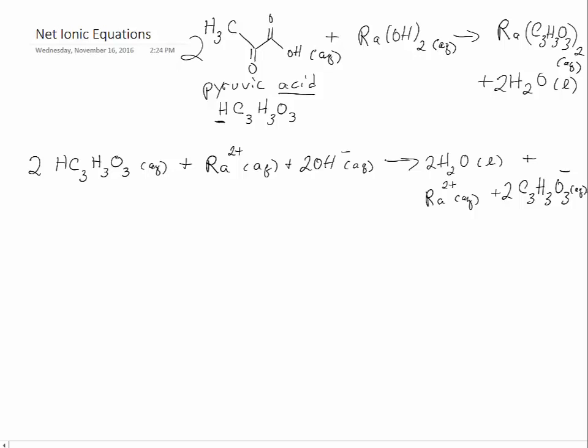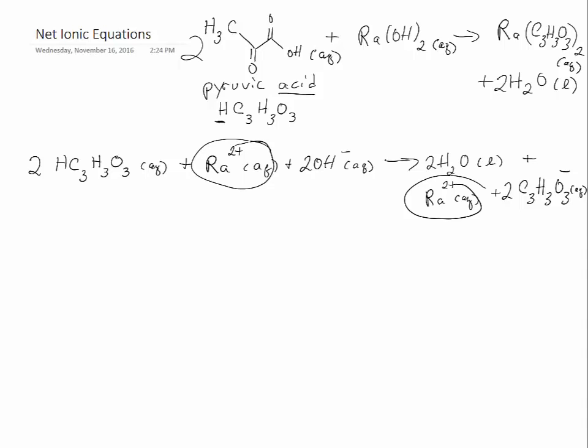Looking at the whole reaction, which ions or species are considered to be spectators? There's only one here, and it's the radium that's on both sides of this reaction.